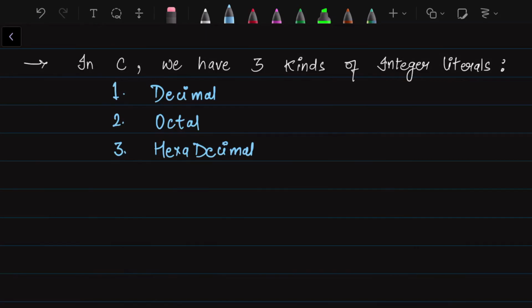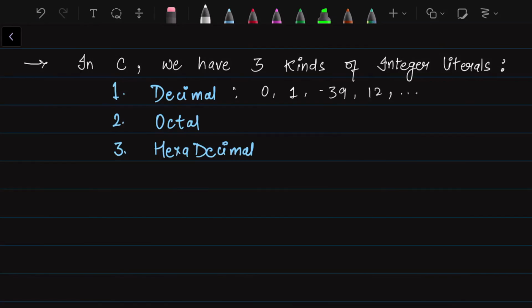In C programming, we have three different kinds of integer literals: decimal, octal, and hexadecimal. Examples of decimal that we have already seen are 0, 1, negative 39, 12, etc. All of these are decimal values.